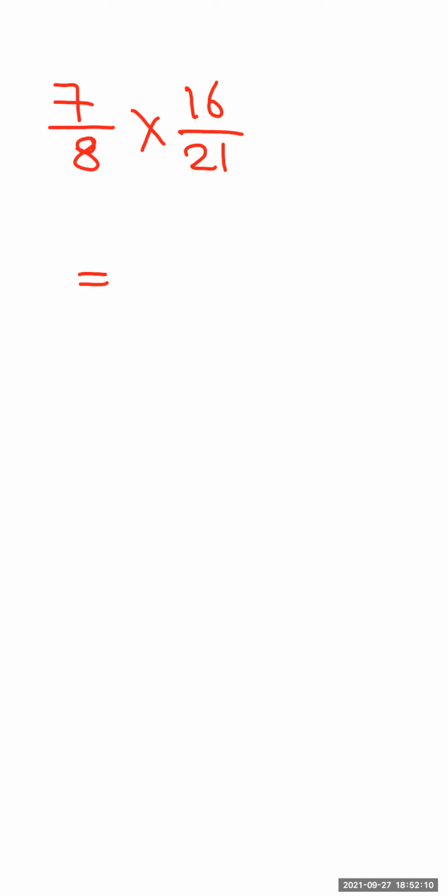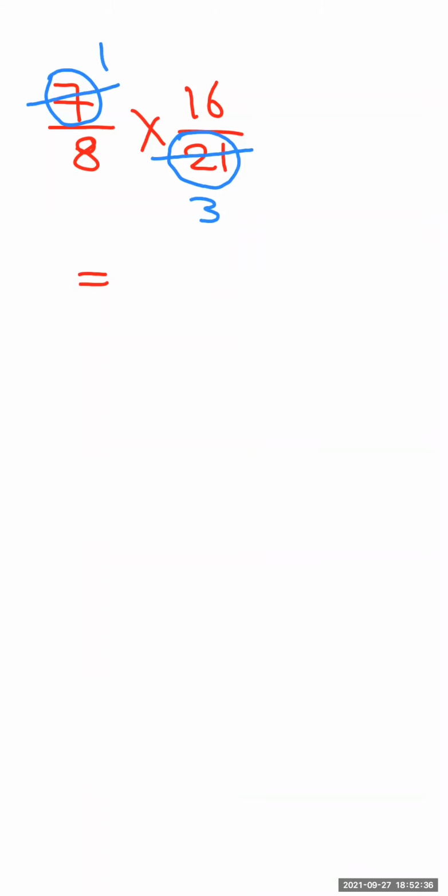So here, I found that this number is 7 and there is another number 21. And of course, we can simplify the two numbers by dividing them by a common factor. Both of them are divisible by 7. So divide this one by 7 means 1. Divide this one by 7 means 3.